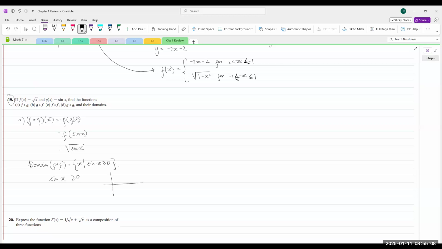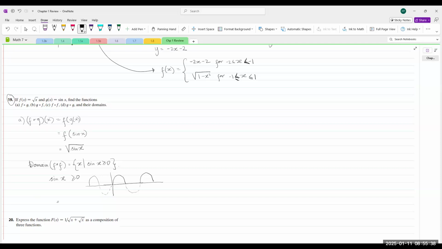Remember the graph. It is non-negative in the first two quadrants and any 2 pi multiple of that. This one you need to know though from your pre-calculus. Okay, so the domain will be in interval notation.